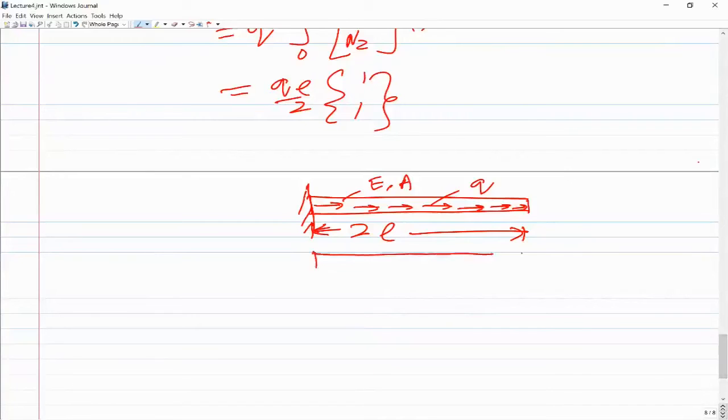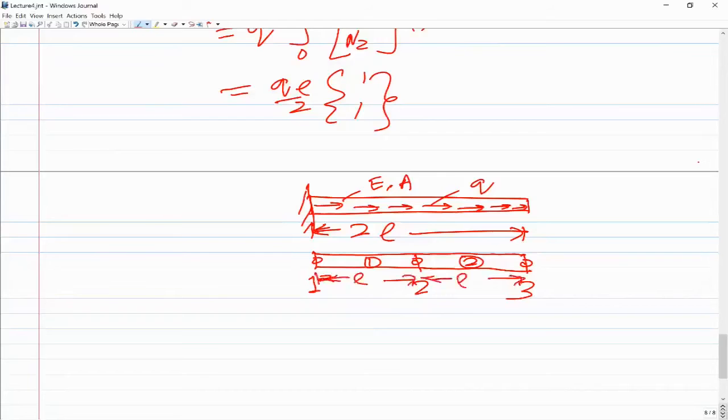So let us discretize this whole thing into two equal length elements. The global node numbers will be: this is global node number 1, this is global node number 2, this is global node number 3. This is element 1, this is element 2. And the length of each element is going to be L and L. So this is the discretization.